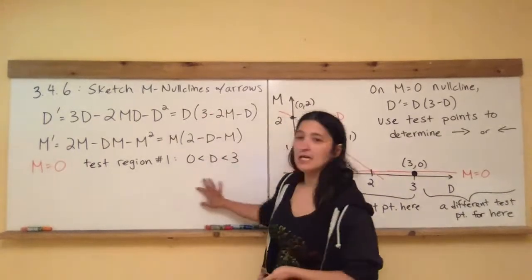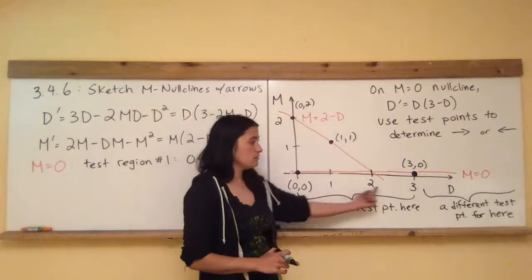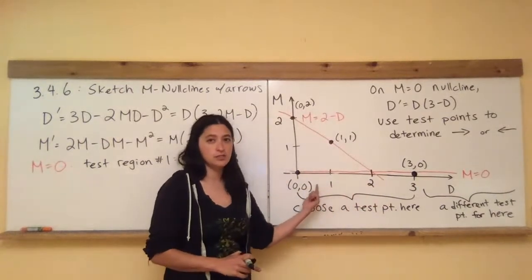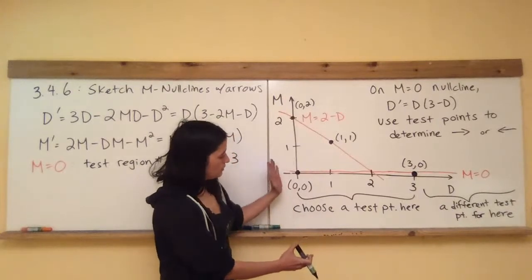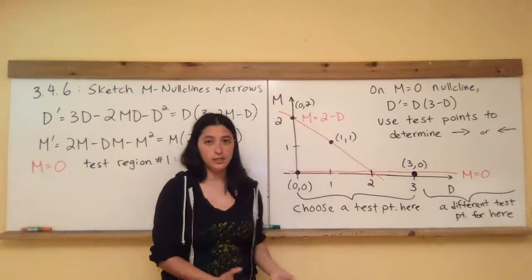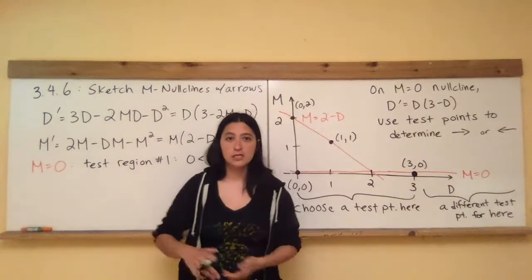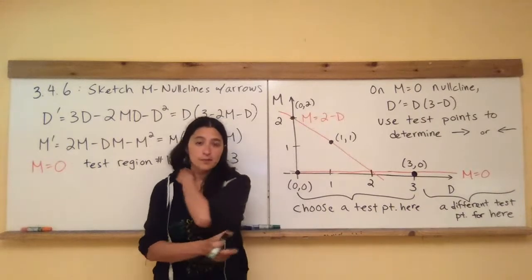Well, I want to pick region number 1. I'm trying to test the behavior of the vector field along the line m is equal to 0 in this region that I'm calling region number 1, between D is equal to 0 and D is equal to 3. So what is an appropriate point for me to choose? There's more than one right answer to this question. So I want to see what people are thinking.